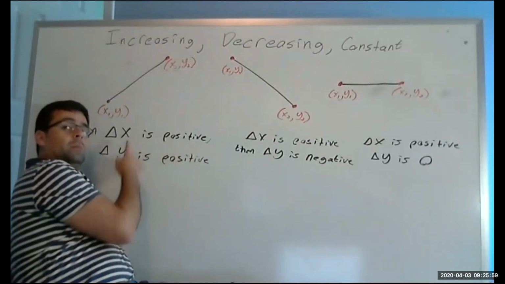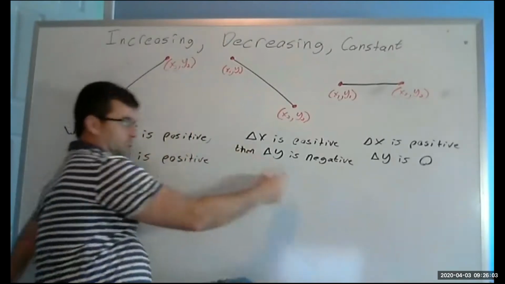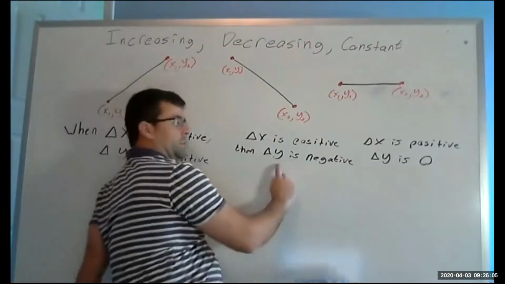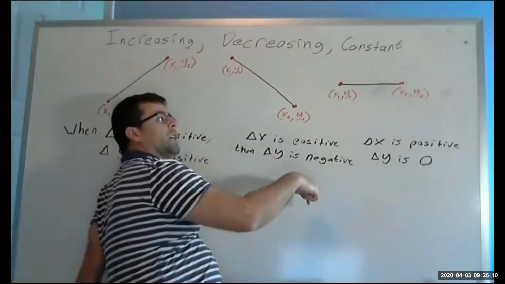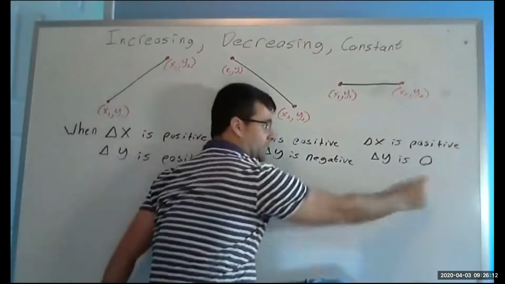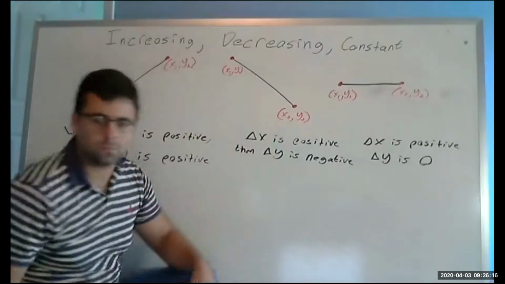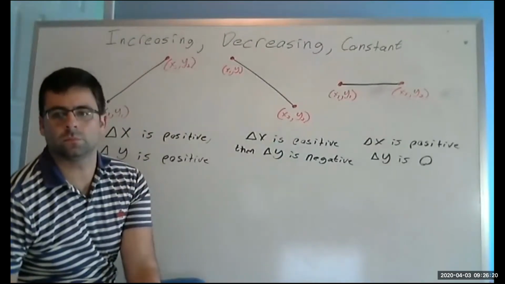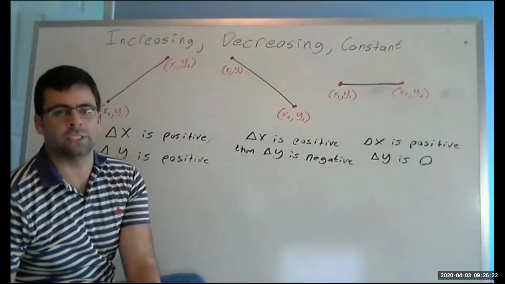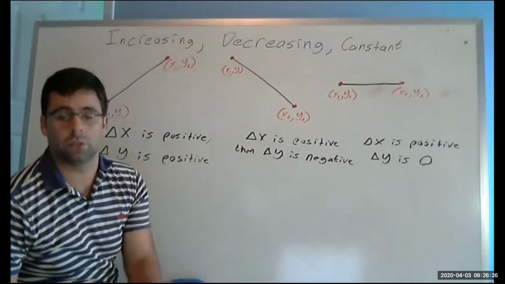If it goes up, meaning it's positive, that means it's increasing. If it goes down, our change in y is negative, then it's decreasing. And if it doesn't change at all, then it is constant through that interval. So this is what it means to have increasing, decreasing, or constant behavior.